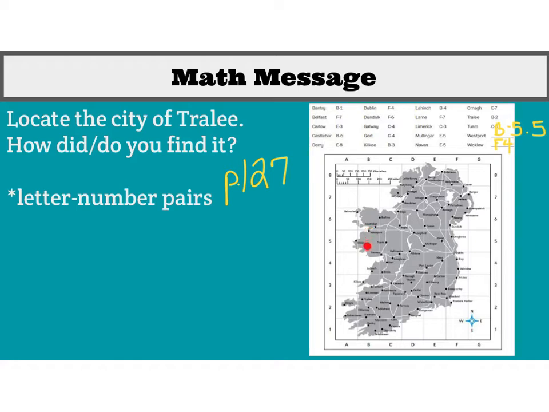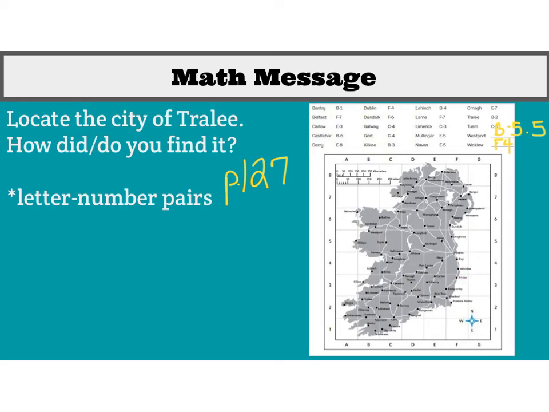So it's halfway between 5 and 6, which is why I put B 5.5 or 5 5/10. And then Wicklow is over here on the right side. If we go to F and go to 4, we have Wicklow.